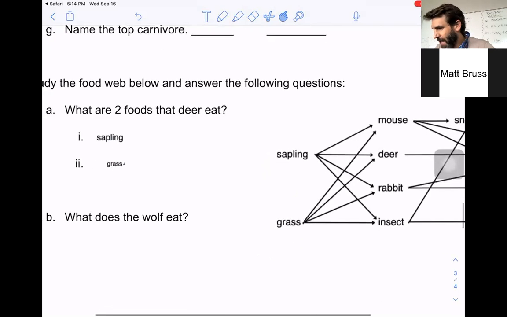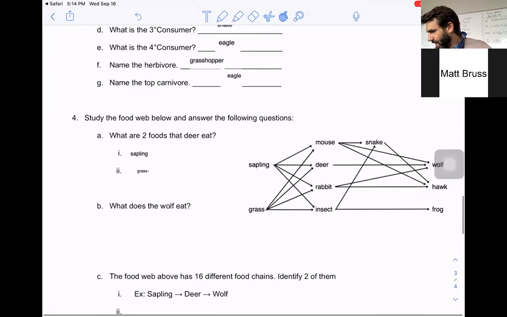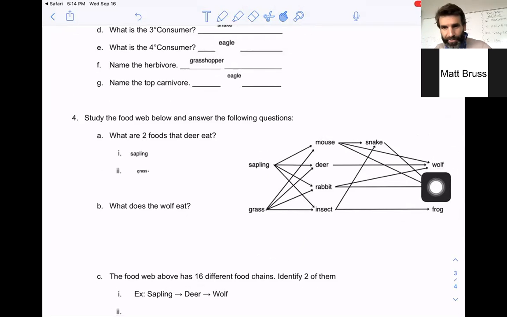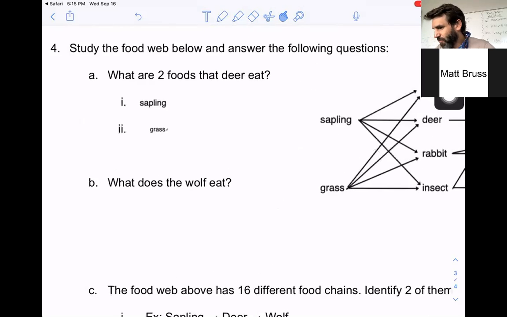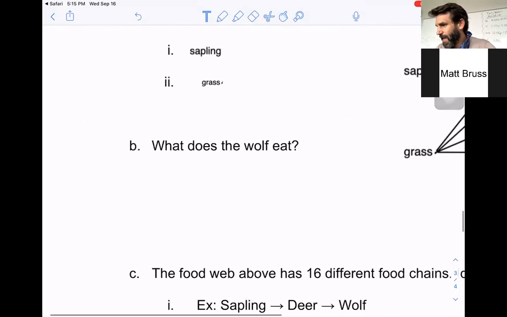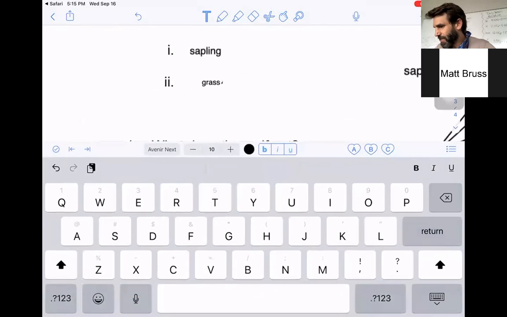All right. And what does the wolf eat? Well, let's see here. Looks like there's about 3 arrows going to the wolf. So the wolf, as a top predator, seems to eat rabbit, deer, and mice. So for this one, maybe I'll have a little better luck if I just type in the box.